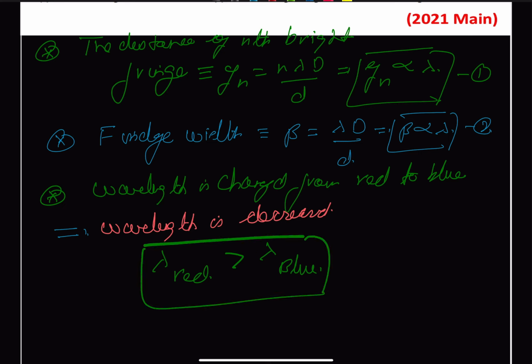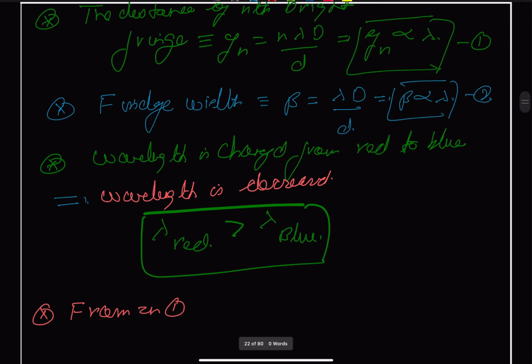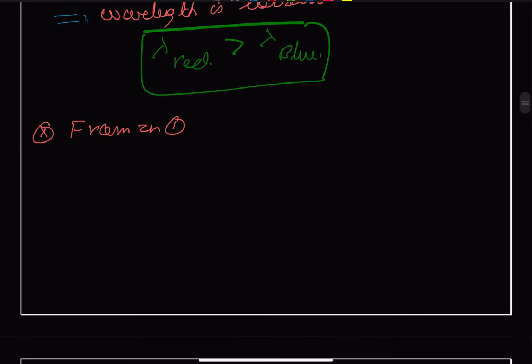So using equation 1, we have y of n directly proportional to lambda. So y for red is directly proportional to lambda of red, and y of blue is directly proportional to lambda of blue.